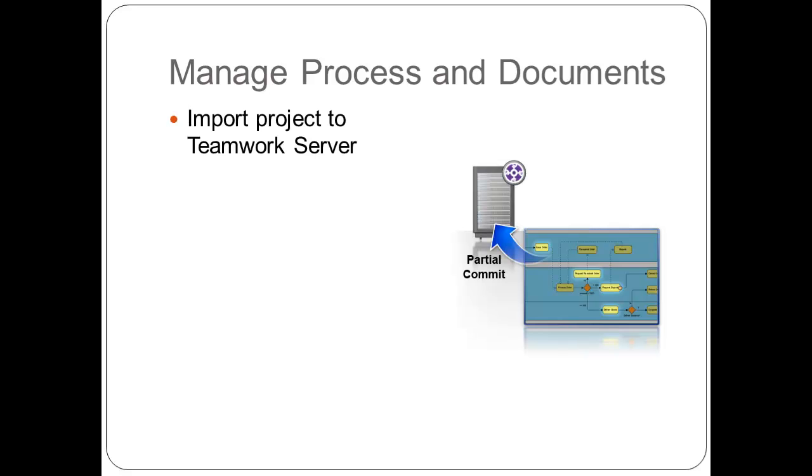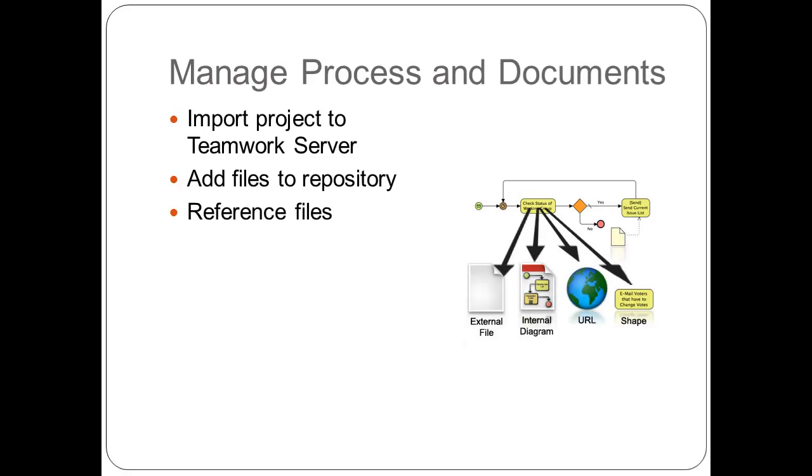Okay, let me show you how to use the BPV and the Teamwork Server to manage the process and documents. What I'm going to do from now is show you how to import the projects into the server, then add the files to the repository, and then reference the file in the data objects or any task.